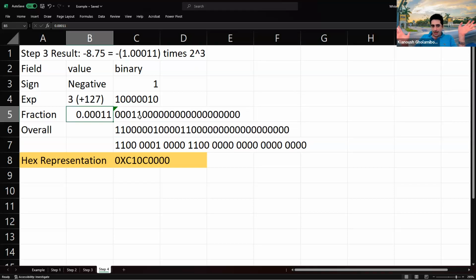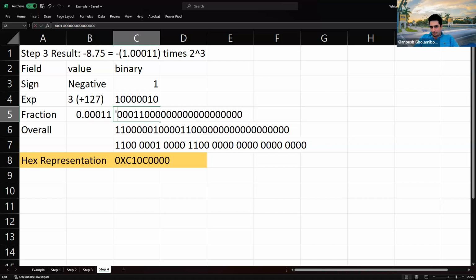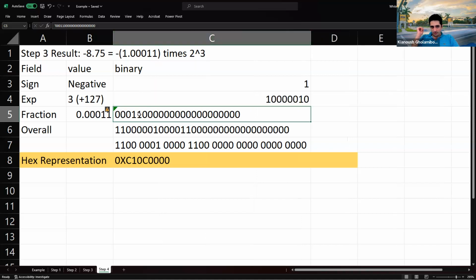As you may know, in math, there's no impact of trailing zeros when they are placed in the decimal part, in the fraction part. So in this case, because I only had 5 bits and I wanted to have a 23-bit, I just added 17 trailing zeros at the end, and that would create the appropriate length that I want for my fraction bit.